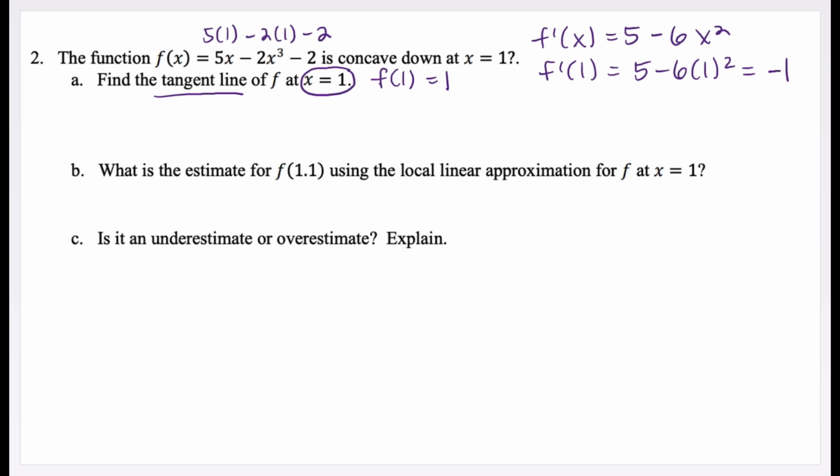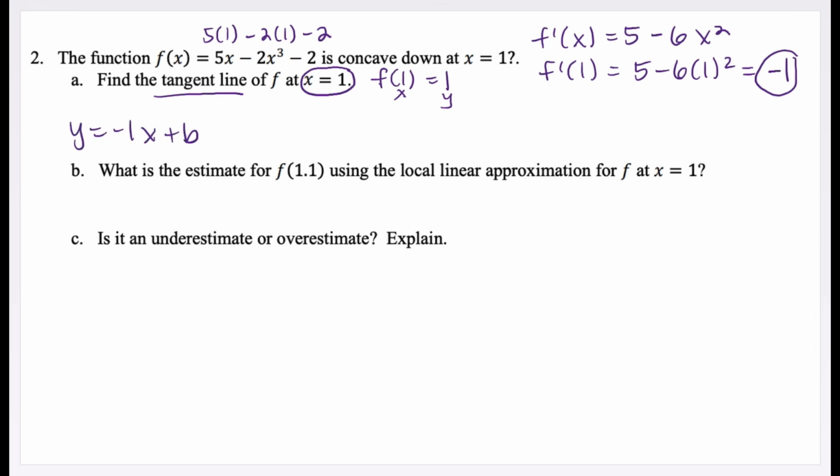So my slope of my tangent line is negative 1. My x value is 1, and my y value is also 1. So I'm going to go ahead and create this equation. I'm going to use slope-intercept form this time instead of point-slope form, but we could also use point-slope form. I'm just going to kind of change it up and do some of both. So I have y equals negative 1x plus b.